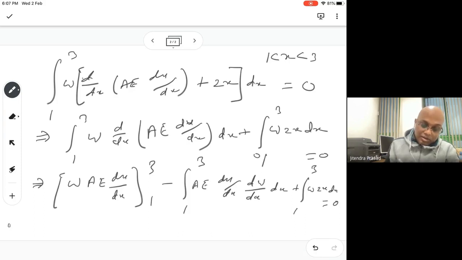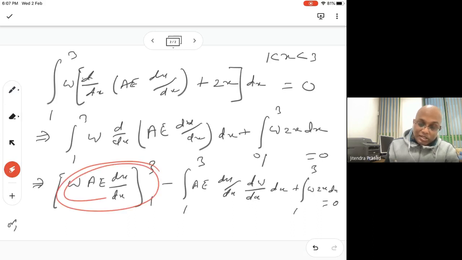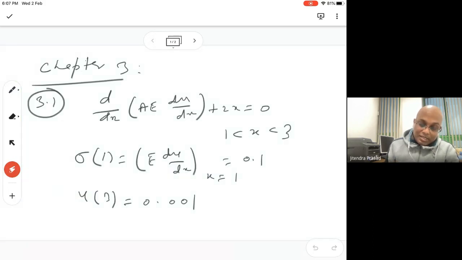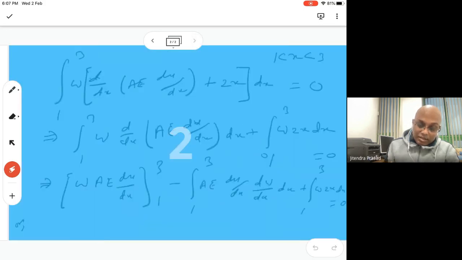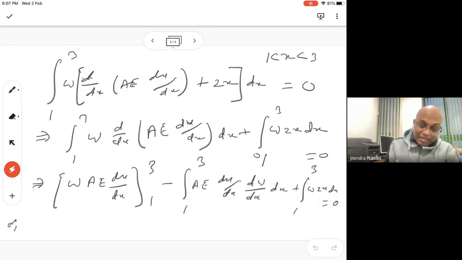Here we can also apply the boundary condition. If you see what it says, u3 equal to 0.001, and E du dx at x equal to 1 is equal to 0.1. Although it says sigma, sigma does not have A, so it's correct. So this value 0.1 we can put in. Before that you can expand it.